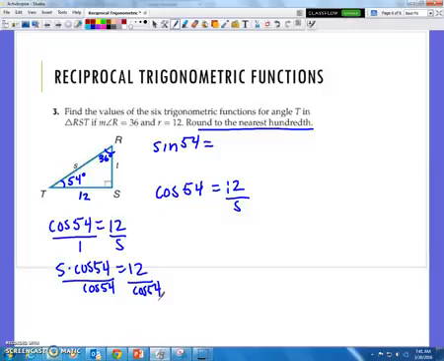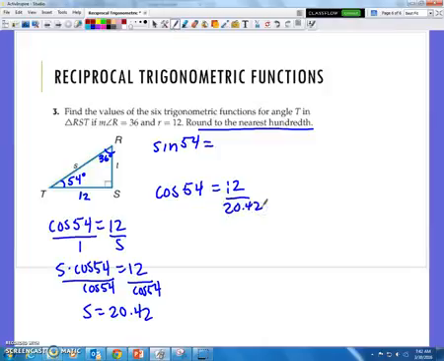12 divided by the cosine of 54 is 20.4. It says nearest hundredth, so we're going to say 20.42. S equals 20.42. And so instead of writing 12 over S, we're going to write 12 over 20.42.